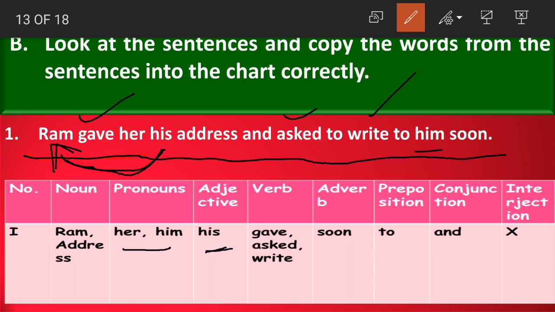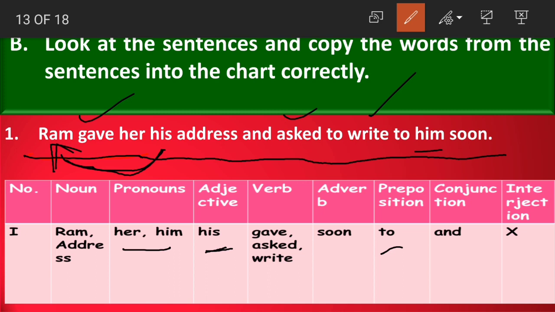I mean a relation between two subjects, that is noun here. Who is the noun here? Ram is the noun here. And who is the pronoun here? Her. We don't know who, somebody, her. So, Ram asked her to write to him. Because it is showing the relation of both the persons there, a noun and a pronoun, that is why "to" becomes our preposition.